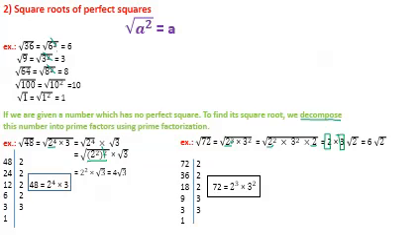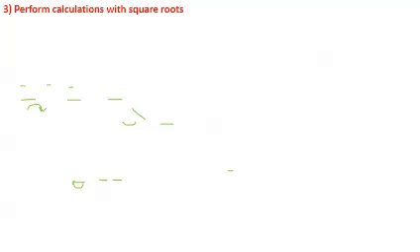Now the perfect square goes outside as we did before, 2. And also 3 squared goes outside as 3, but I have radical 2 left inside. Now 2 times 3 is 6, so the final answer is 6 radical 2.